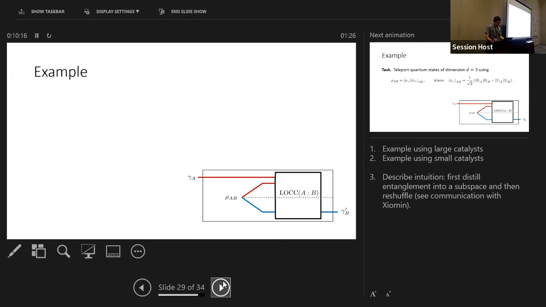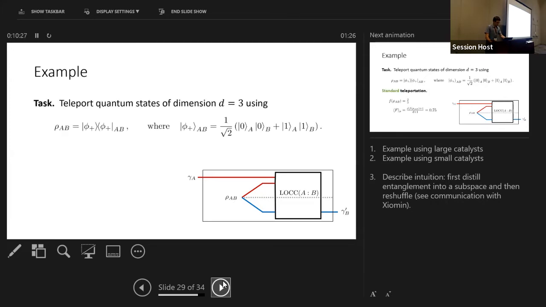Okay, so now let me give a very simple example, which essentially demonstrates how this advantage can be exploited in the best possible way. Suppose our task is to teleport quantum states of dimension 3. So we want to teleport qutrits. However, what Alice and Bob have in their lab is just a maximally entangled state of local dimension 2.